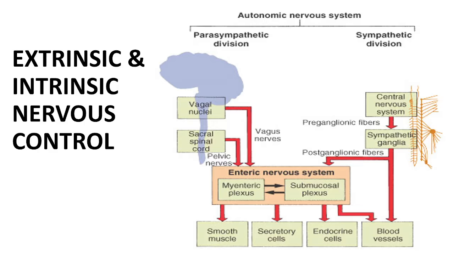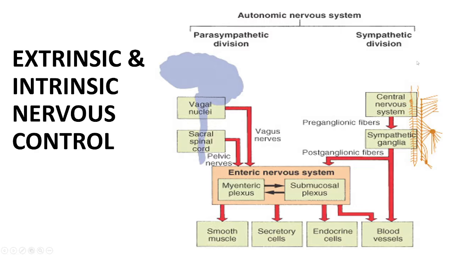The descending colon, sigmoid and rectum are supplied from the sacral spinal cord segments, S2 through S4. The ganglia are located inside the wall of the gastrointestinal tract. So parasympathetic ganglia are inside the wall.